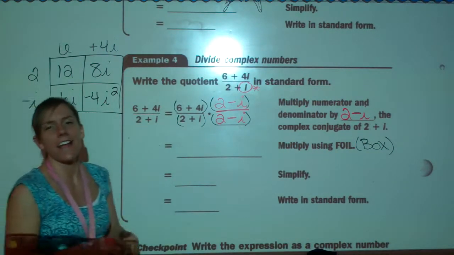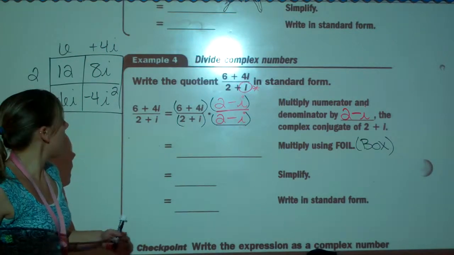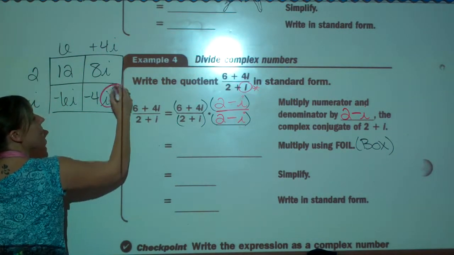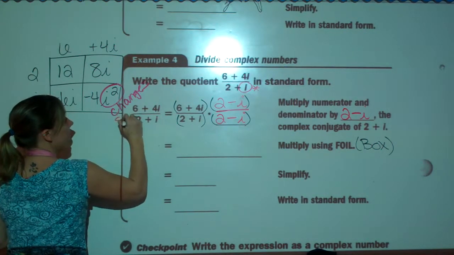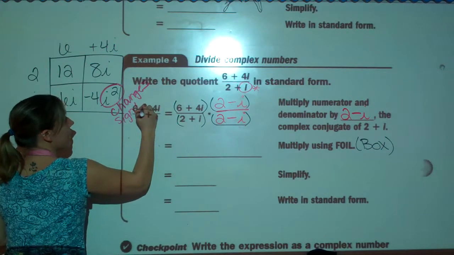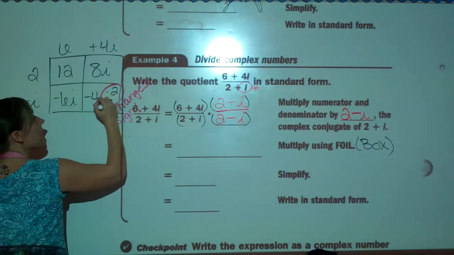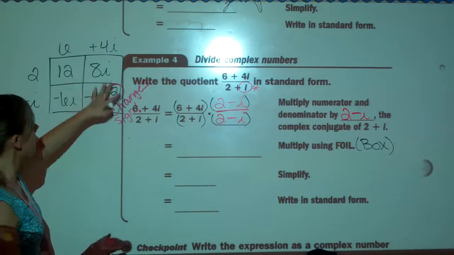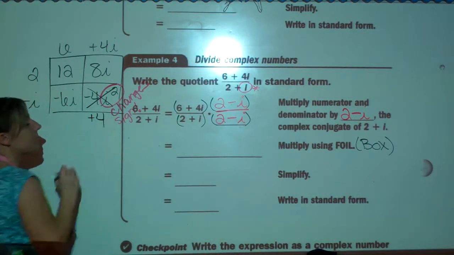And then again, I actually thought it was a little bit trickier to see the way that the notes did it. But I just say, oh, this is an I squared. That just changes the sign. So since it changes the sign, instead of -4, this I squared changes this whole box to just a +4.